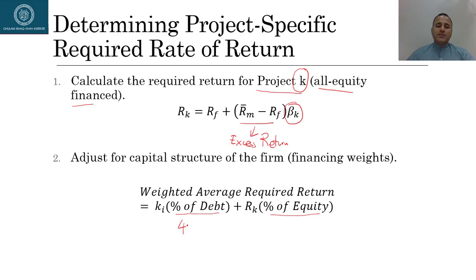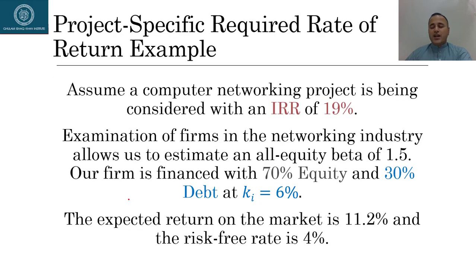Say 40% is debt and the remaining 60% is equity. You multiply KI, the cost of debt, and RK, the cost of equity, by their weights, and you get the weighted average rate of return. These concepts are not that difficult. You start with a simple assumption that you will use only equity financing, and then you do the adjustment.